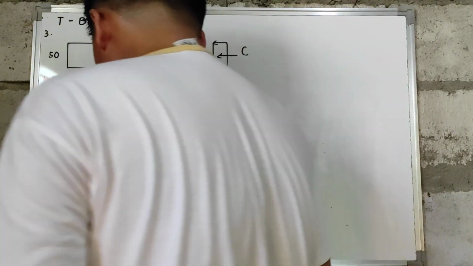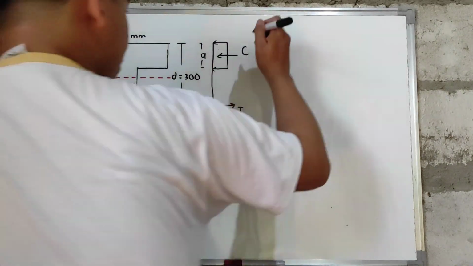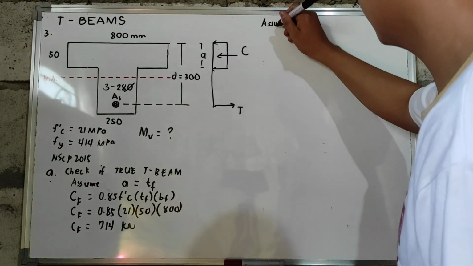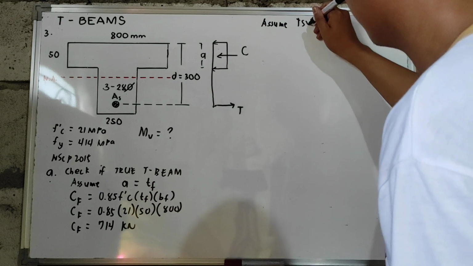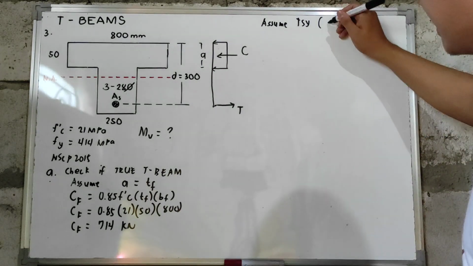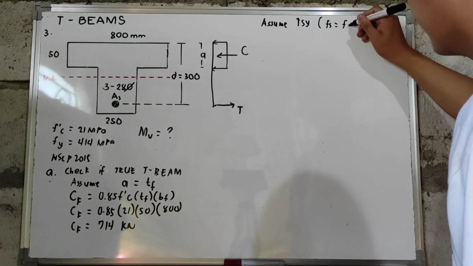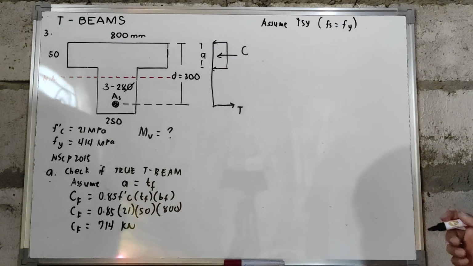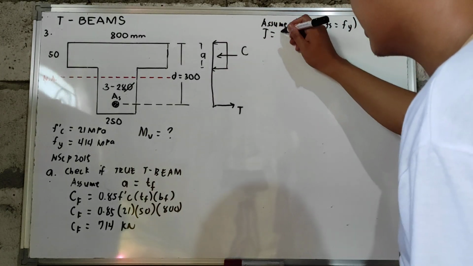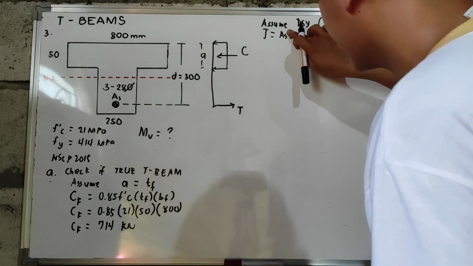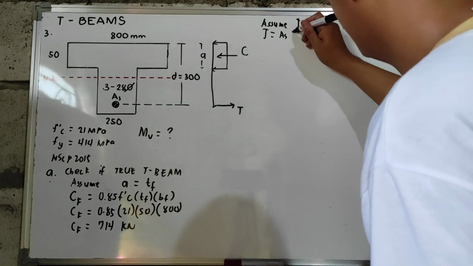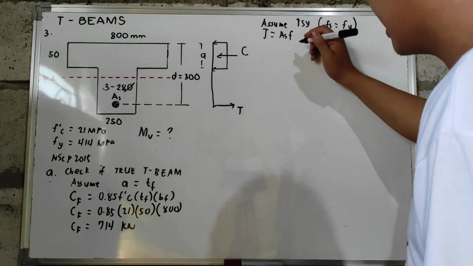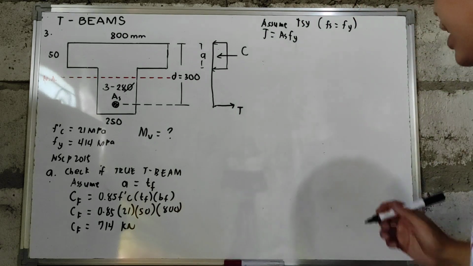So, let's assume tension still will yield. When our steel yields, the value of Fs is equal to the value of Fy. So T, our formula, is As Fs. But since we assumed the steel yielded, that is As Fy.